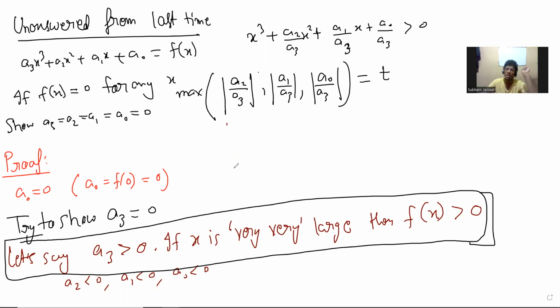Then what should I take as x? Is it okay to take it to be t? Let's try. If you take it to be t, then this becomes t cubed. Unless we try, we won't know how much we have to adjust. Can you say this is positive?